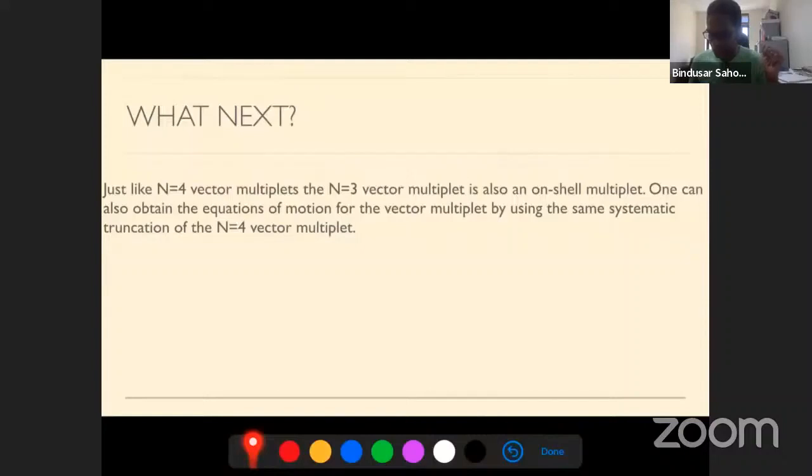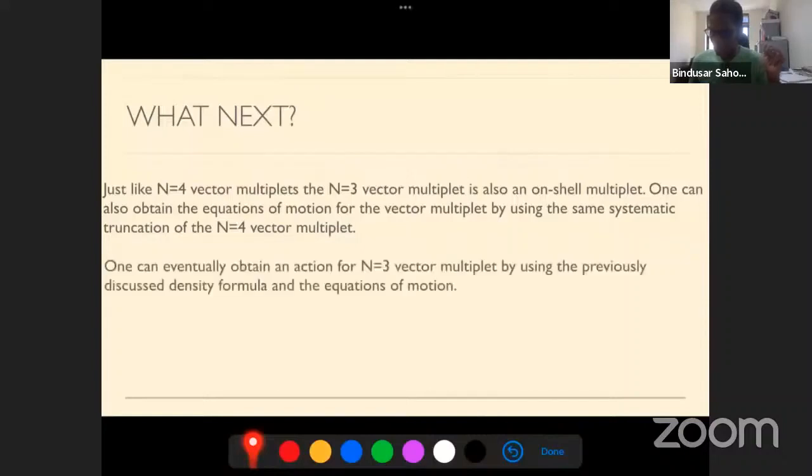All these things we have obtained already, and eventually one can obtain an action for this n equal to 3 vector multiplet by using the previously discussed density formula and the equations of motion. We have to also use the equations of motion because the density formula is blind to the equations of motion. It will give us an action where the terms proportional to the equations of motion have been eliminated.